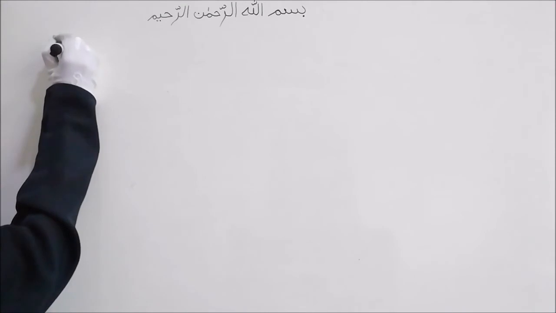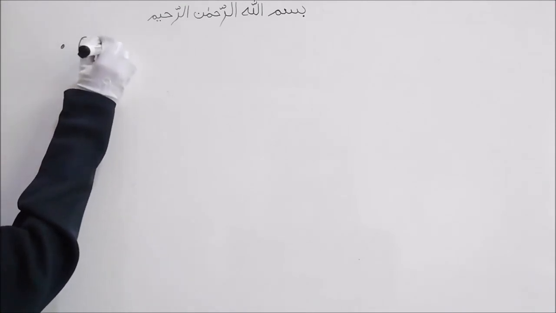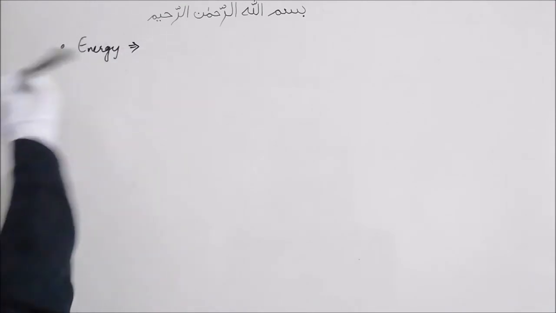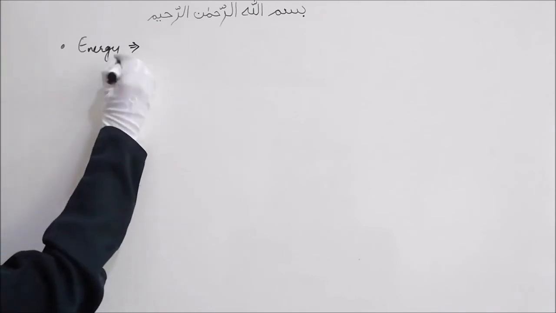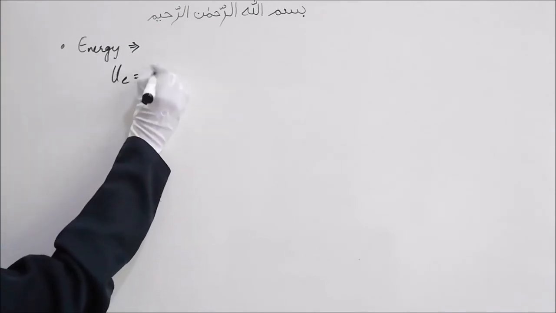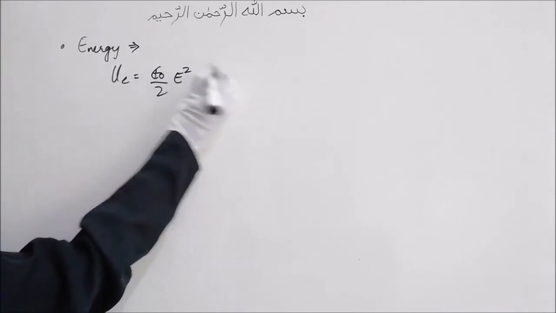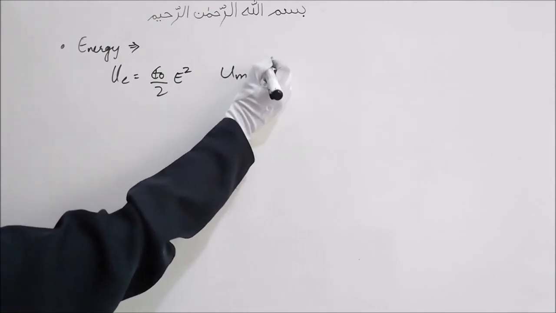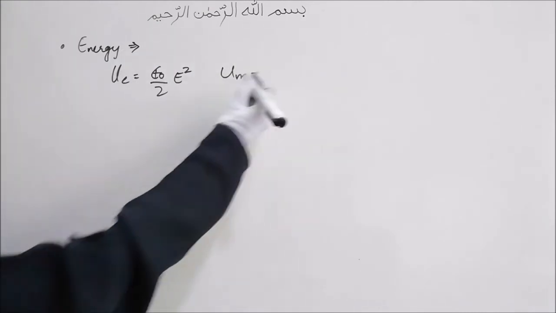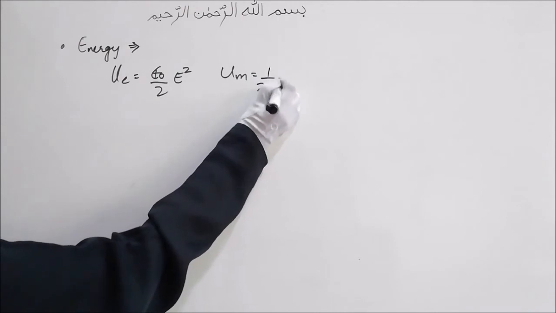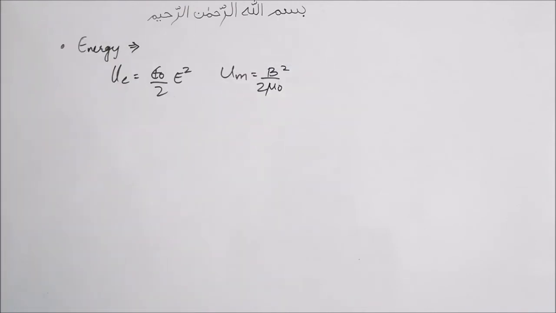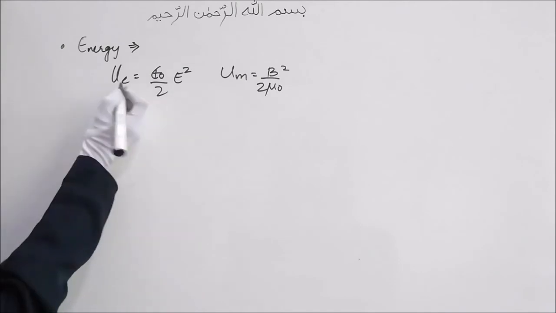Now we can calculate the energy density. We know that U_E is equal to epsilon naught by 2 E squared, and the energy associated with the magnetic field is 1 by 2 mu naught B squared. This is per unit volume, right?